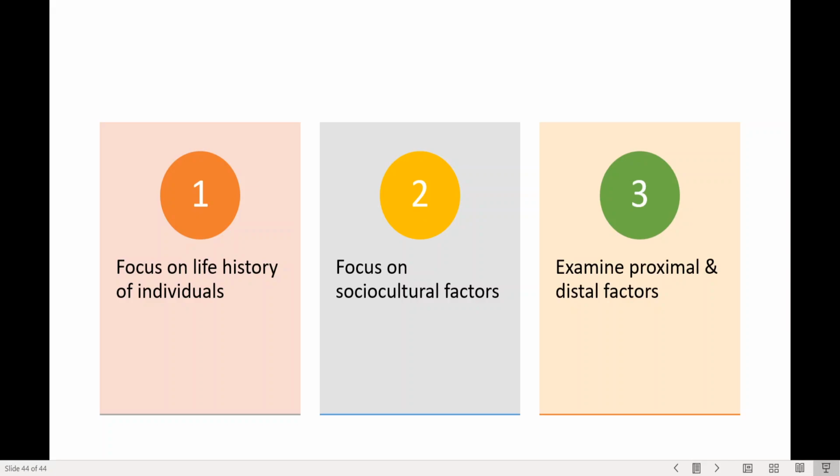So these are important things to look at when thinking about disease. From an evolutionary perspective, disease is much more complex, linked to life histories, linked to socio-cultural factors, and linked to distal factors that often are not considered in the classic medical model. And so if you want, think through some of these ideas.